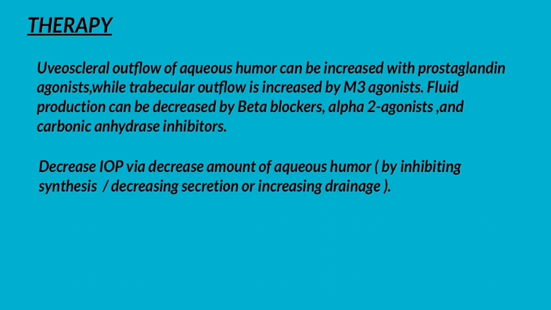Fluid production can be decreased by beta blockers, alpha 2 agonists, and carbonic anhydrase inhibitors. These decrease intraocular pressure via decreased amount of aqueous humor by inhibiting synthesis, decreasing secretion, or increasing drainage.